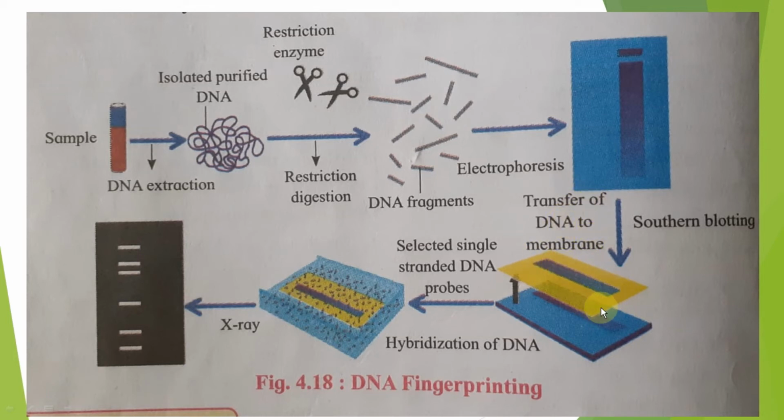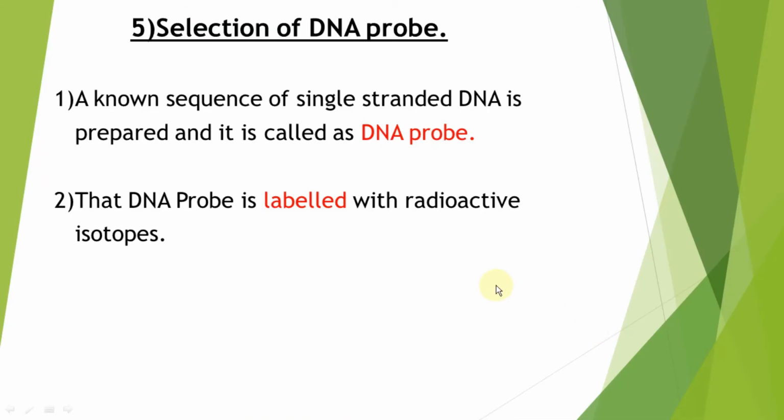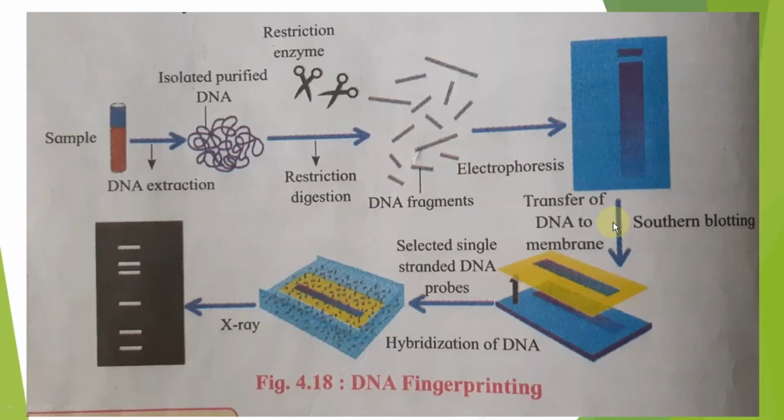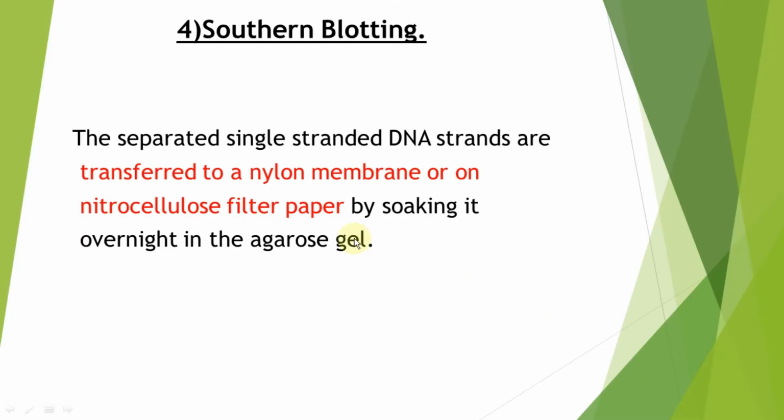The bands are transferred onto another filter paper, called nitrocellulose filter paper or nylon membrane. So the separated single stranded DNA is transferred onto the nylon membrane.